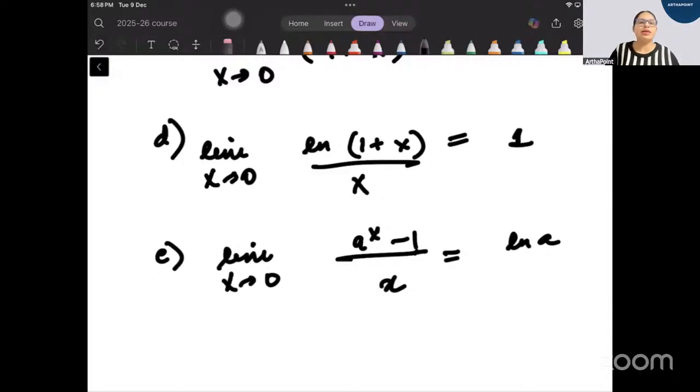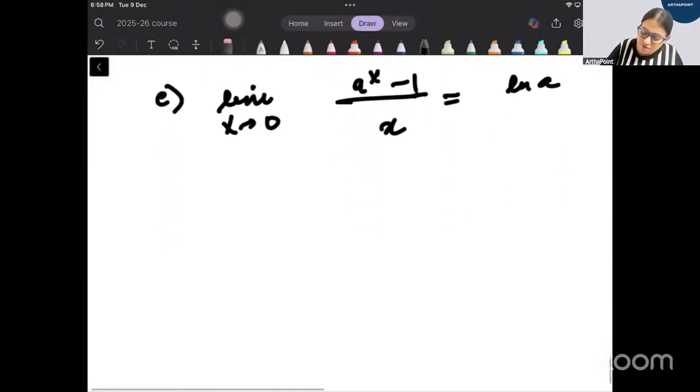I'm quickly applying the L'Hopital. You should be able to apply L'Hopital in your mind and get the answer. So this will be ln a. These are some standard limits which you can remember. The more you practice, in many questions you'll see that they can be quickly solved because you would know some of the limits on your own.